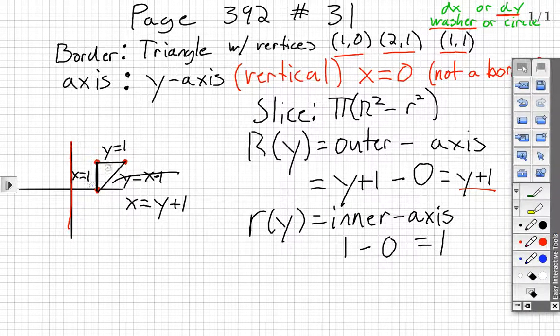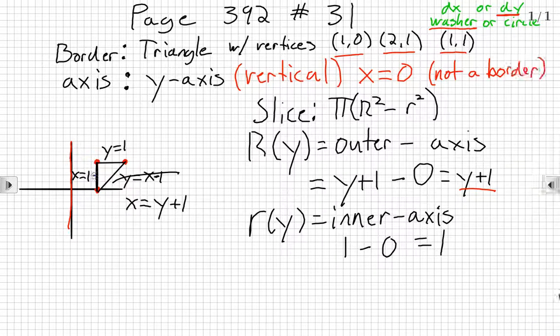This makes sense because if we rotate around the y-axis, the line x equals 0, what we get is a small radius that produces a small shell, and a larger radius that produces the other outer layer of the washer. And it's pretty clear that from here to here, 1 is always going to be the value of that smaller radius. So we're comfortable with that result.